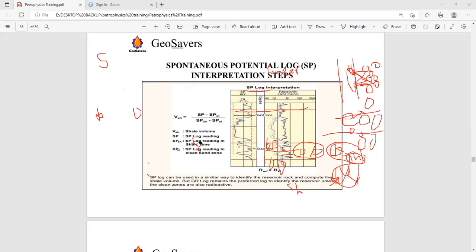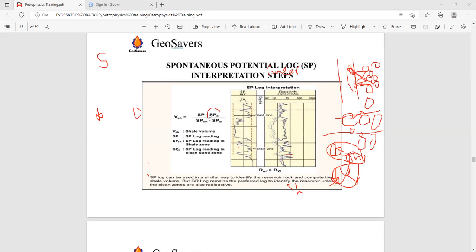Most of the time, we may be tempted to use just gamma ray to characterize the formation. But if you are having doubts in your measurement, you may go ahead and look at the spontaneous potential log and see what information you can also get from it. Of course, we can also use it to calculate the volume of shale. So you are using the same idea that I gave.